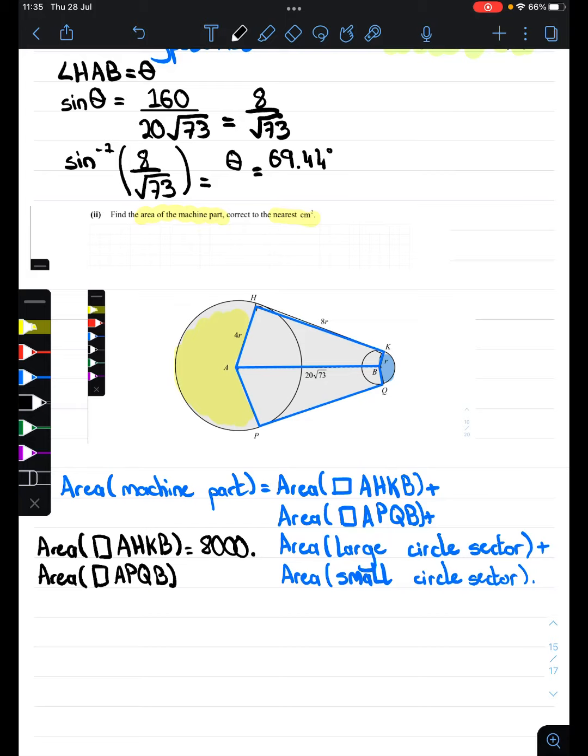We know that these two quadrilaterals are equal, so they have to have equal area. So this would also be 8,000. Now these are the two easy ones. Now we've got to calculate the area of the large circle sector.